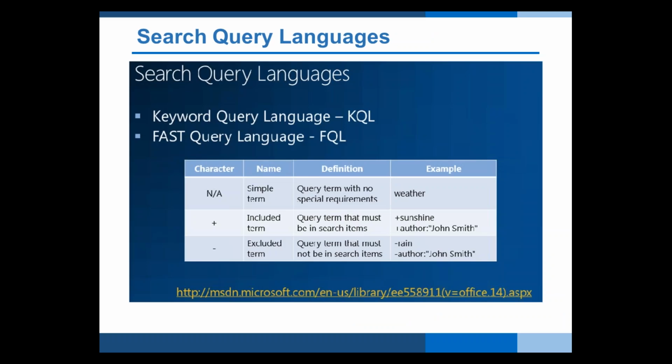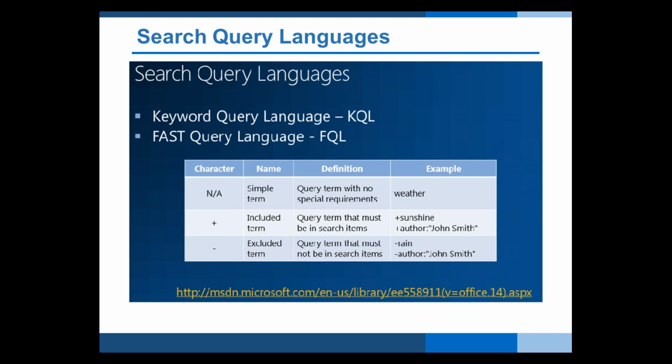Now the language that we use, and this is very important in class, we spent a lot of time here, is something called the keyword query language. As you type in a search query, you can either add by hitting a plus symbol or subtract items from your search results.